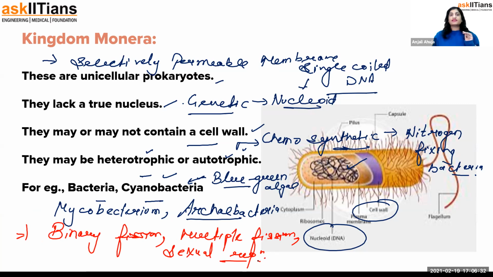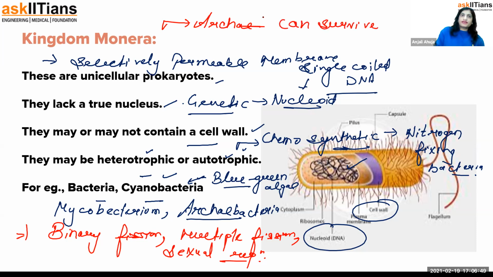Now, one interesting thing is that many of the monerans can survive in extreme conditions. For example, archaebacteria can survive in extreme conditions, high temperature and salty conditions.